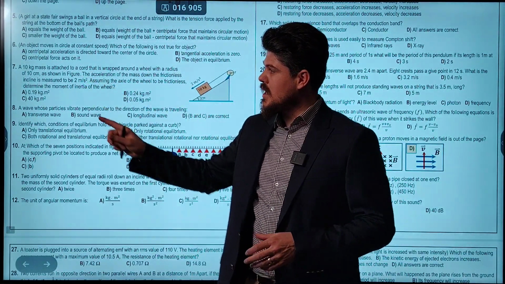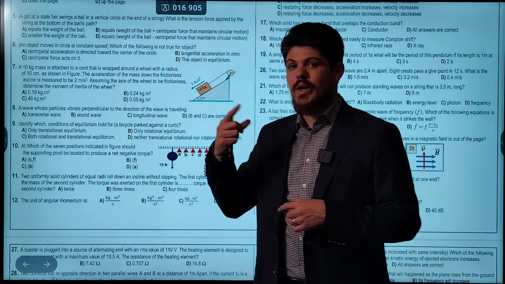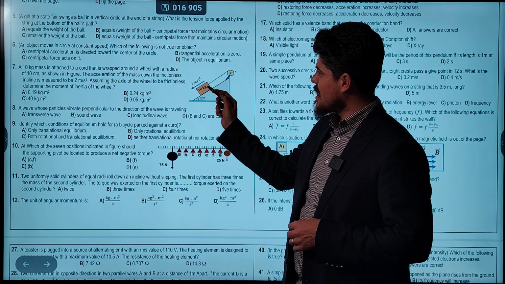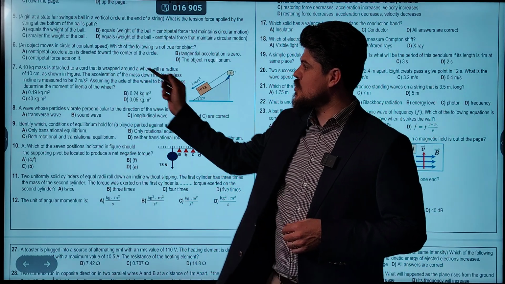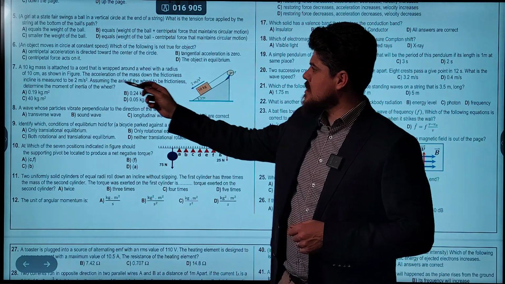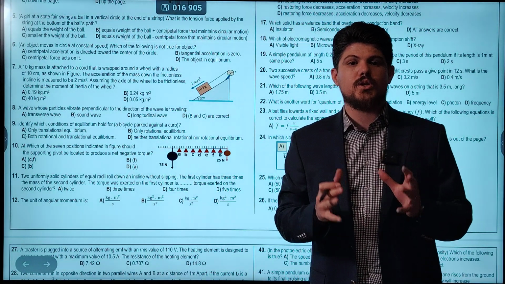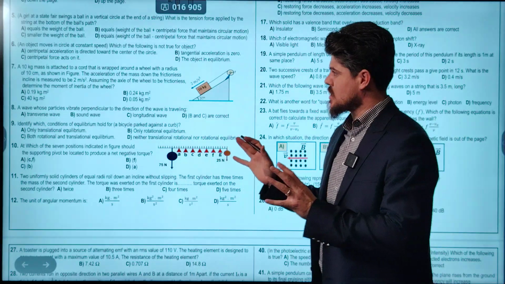The question says a 10 kilogram mass is attached to a cord that's wrapped around a wheel. This is the wheel, with a radius of 10 centimeter. The figure is given in this question.